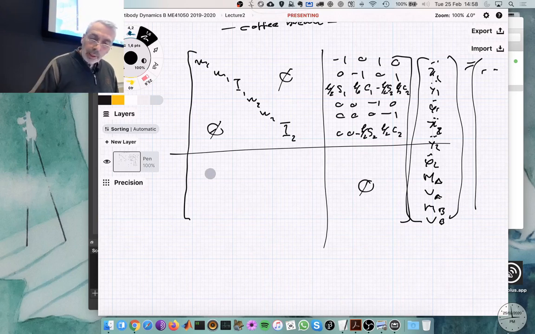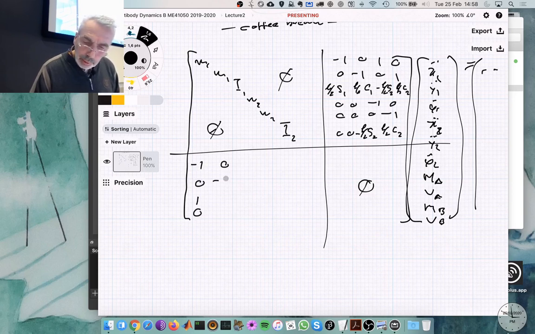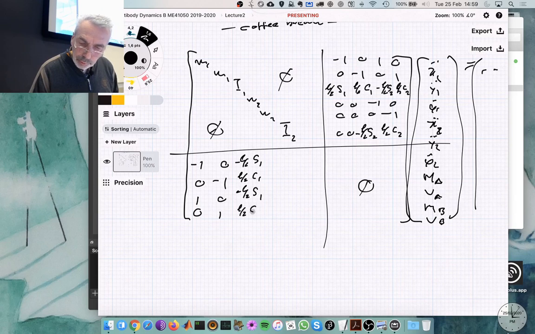Okay, now I have to fill in this last part. And that was minus 1, 0, 1, 0. 0, minus 1, 0, 1. Yeah. Then minus L over 2 sine 1, L over 2 cosine 1, minus L over 2 sine 1, L over 2 cosine 1, 0, 0, minus 1, 0, 0, 0, 0, minus 1, 0, 0, 0.